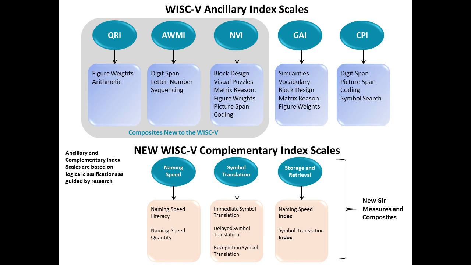We know from a lot of different research studies coming out of different disciplines that retrieval abilities and learning efficiency abilities are important for learning and achievement. And so any individual who's referred for a specific learning disability ought to be given these complementary index scales.